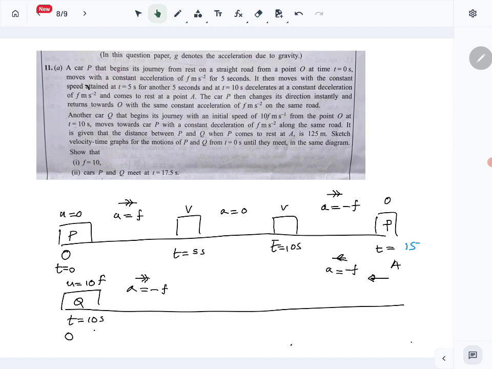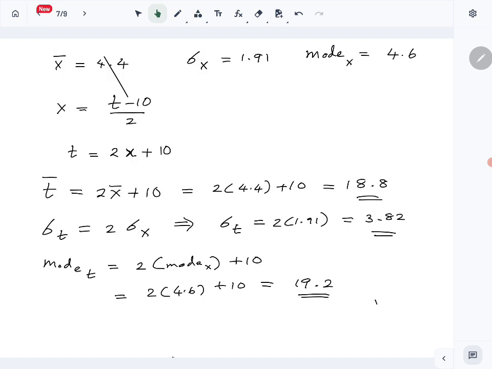P comes to rest at 15 seconds, right? And A is 125 meters. So distance between P and Q when P comes to rest at A is 125 meters. So that means what?